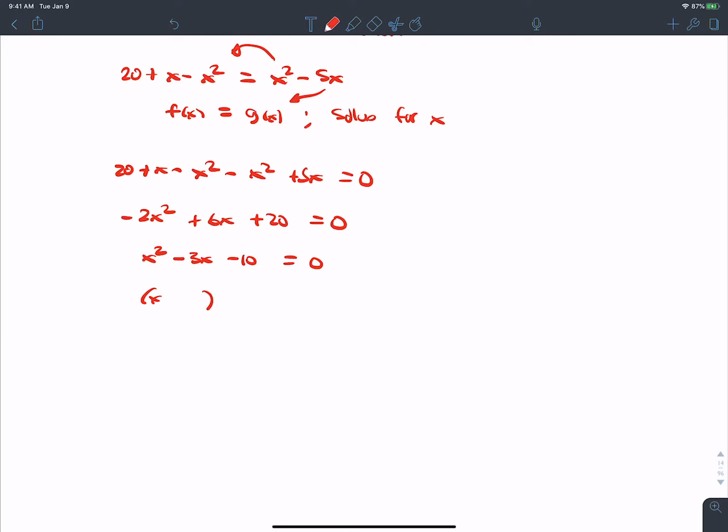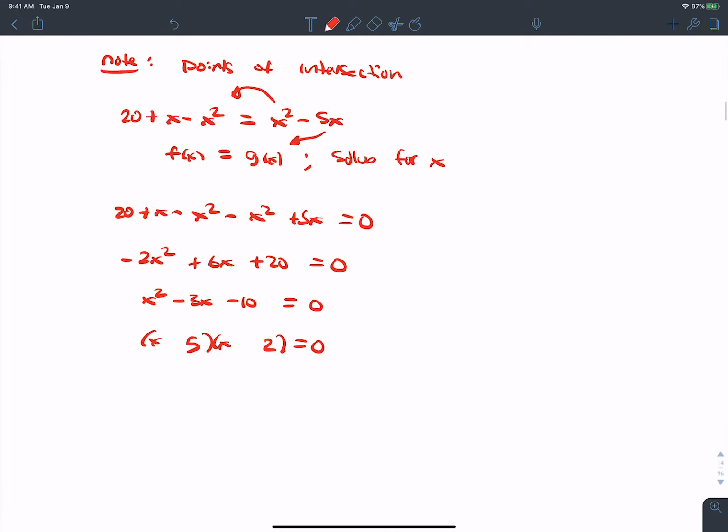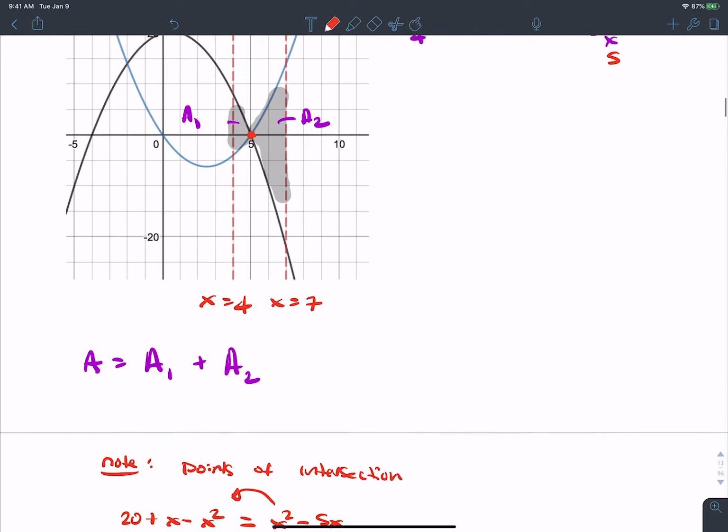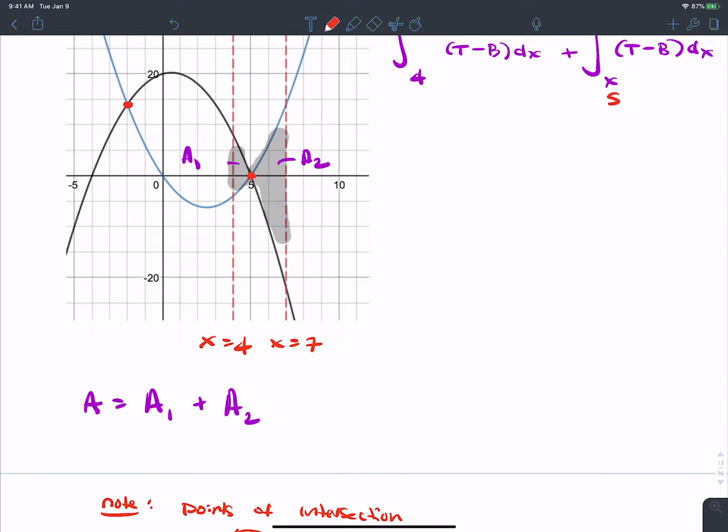Now solve for x. Factor: minus 5, plus 2. I don't have to go through the beginning algebra approach, right? You guys know this means x is 5. And what's the other solution? x is negative 2. So I want to point out that yes, 5, and over here, by the way, that's the other solution, where x is negative 2.